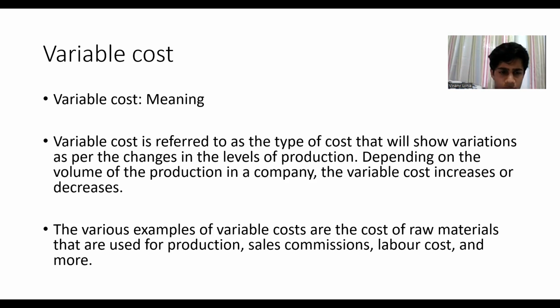In fixed cost, an example can be the salaries paid, whereas in variable cost, it is the cost of raw materials used. They don't have a fixed rate, so they keep changing as per demand and supply.